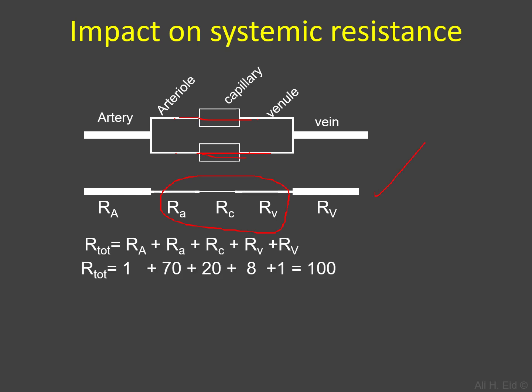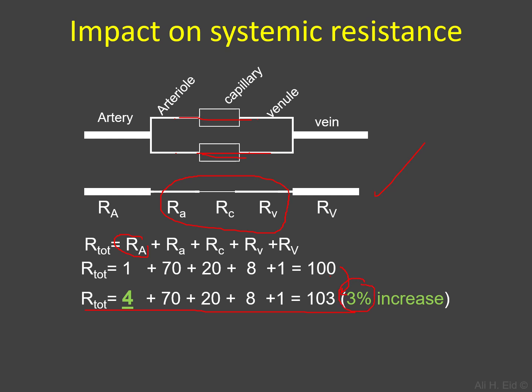So let's take the values that we have. It's basically 170, 28, and 1, and that comes to around 100 for the resistance. Now let's increase the resistance of the large artery by 4-fold. The summation is going to come down to a 3% increase. So 1 over 3, 100 to 1/3, that's going to be a 3% increase.